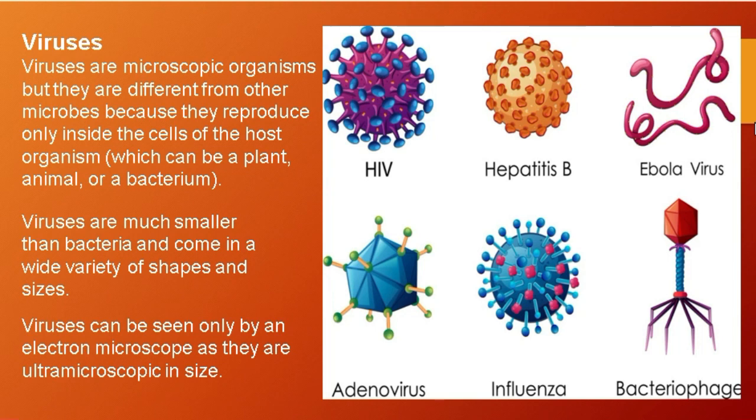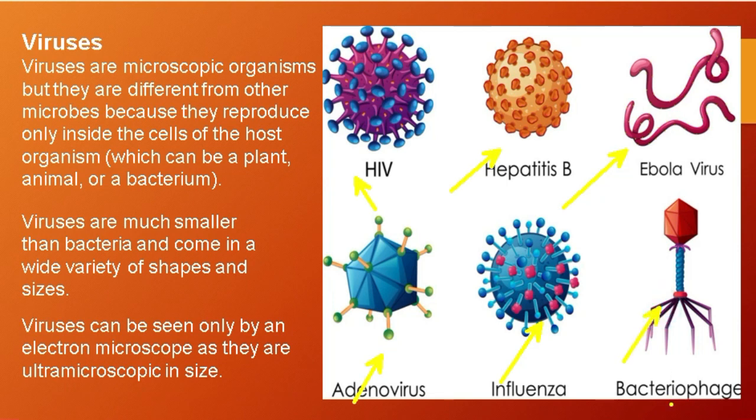Now students, viruses are much smaller than bacteria, and they come in a different variety of shapes and sizes, as you can see here. Number one, HIV virus, hepatitis virus, Ebola virus, adenovirus, influenza virus, bacteriophage.